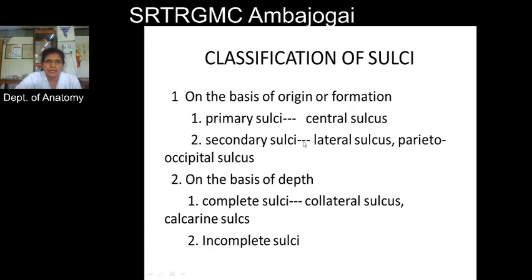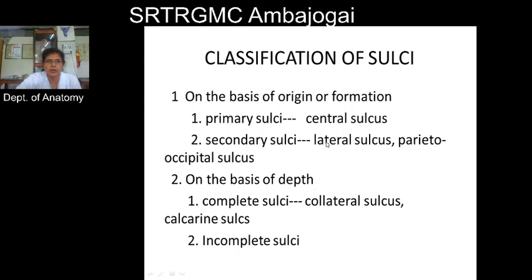Then secondary sulci means these sulci develop other than by the exuberant growth, and examples are the lateral sulcus and the parieto-occipital sulcus. This lateral sulcus is developed due to the slow growth of the insular cortex, and as we have seen, this insular cortex is hidden in the depth of the posterior ramus and the stem of the lateral sulcus.